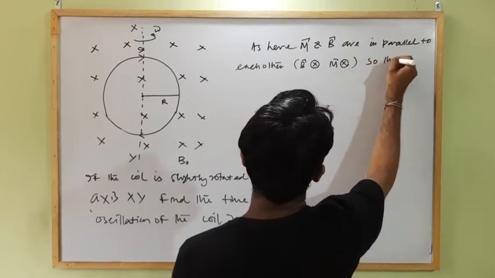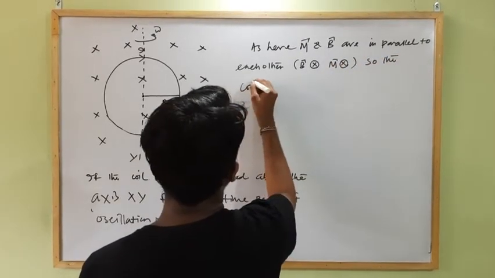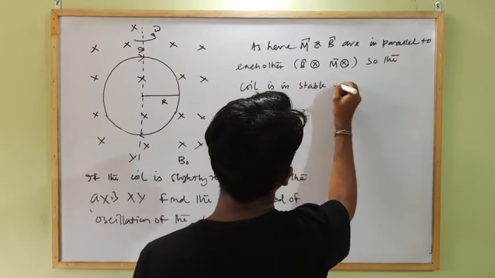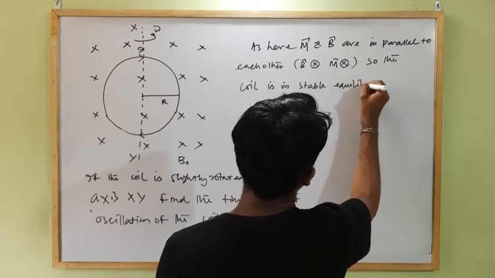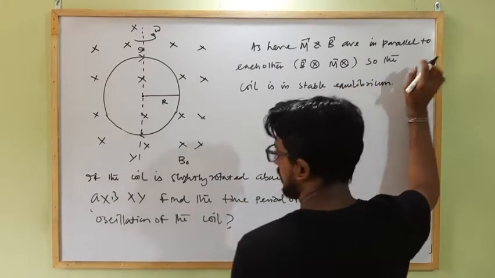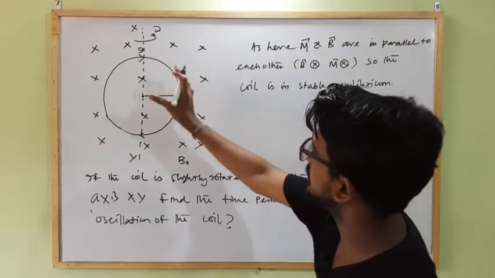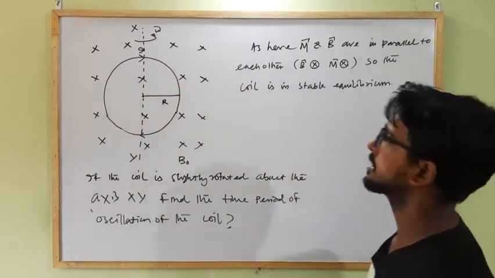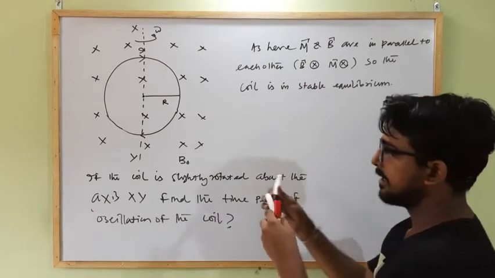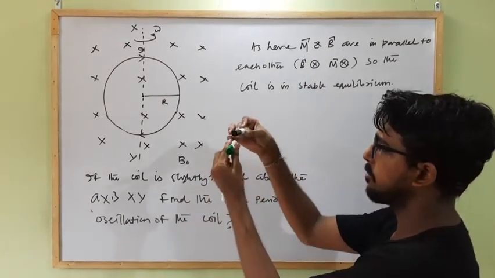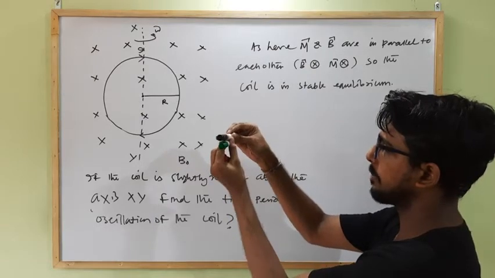So the coil is in stable equilibrium. Clear? So as this is in stable equilibrium, if we disturb this coil from its initial position slightly, then initially the direction of magnetic field is along this direction and the dipole moment is also along this direction. They both are parallel to each other.